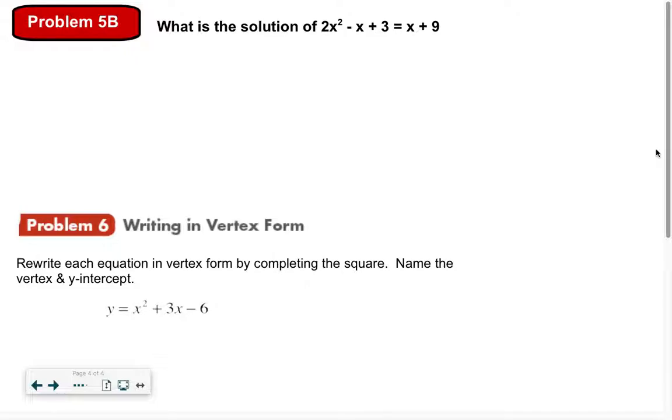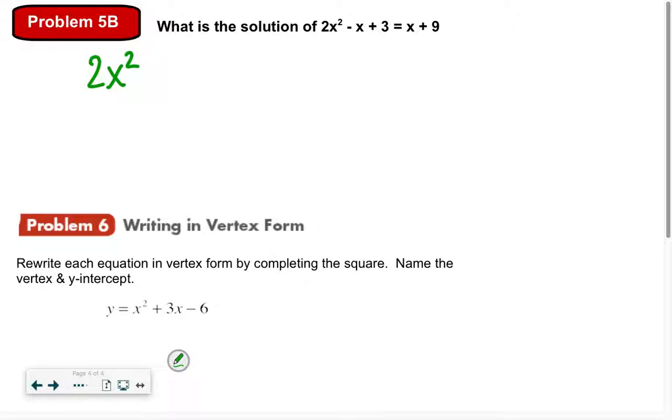Top of the page. It says I want the solution of 2x squared minus x plus 3 equals x plus 9. First off, we gotta make it look nice. I want all my x's on the left, all my constants on the right. So, we're gonna have 2x squared.